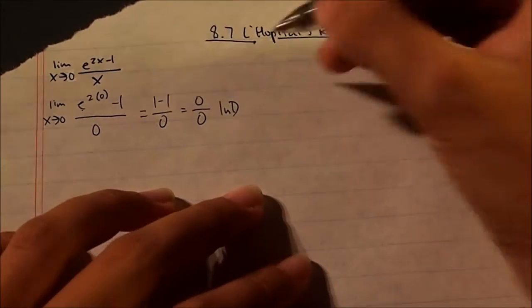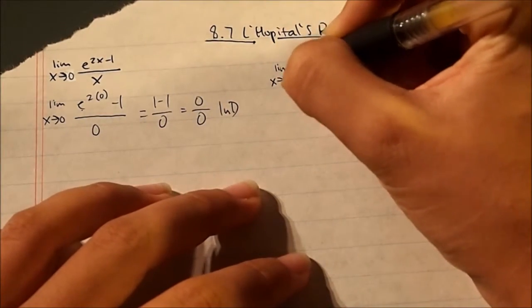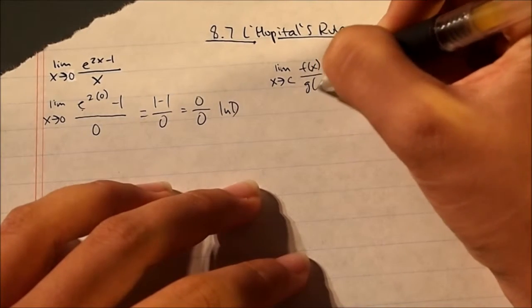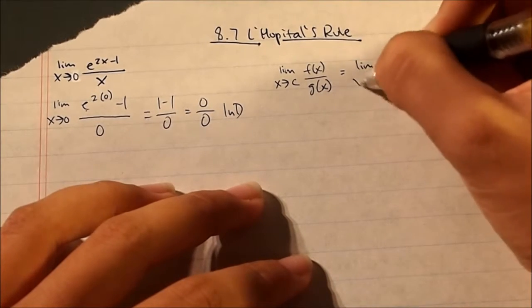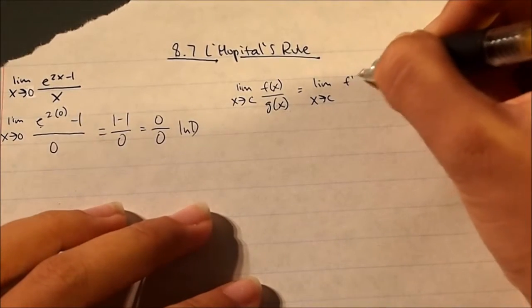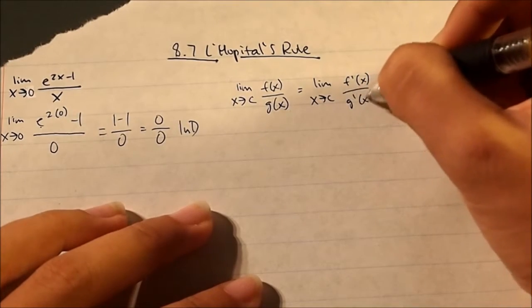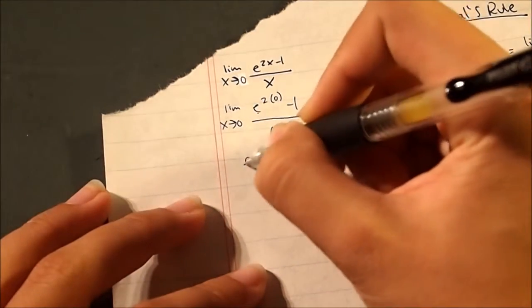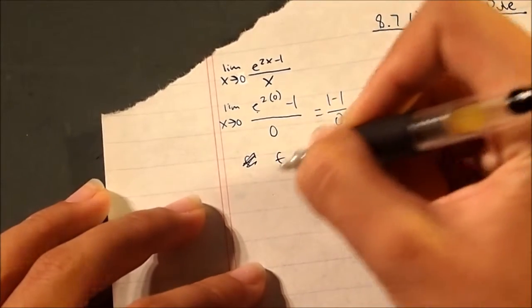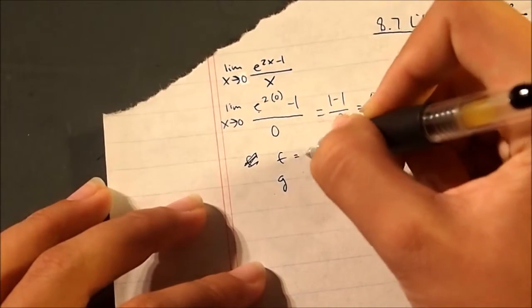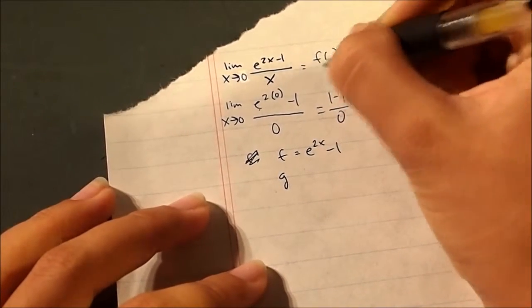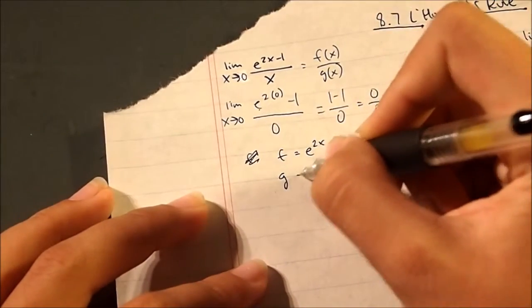So remember, L'Hopital's rule states that the limit as x approaches c of f of x over g of x is equal to the limit as x approaches c of f prime of x over g prime of x. So we need to find f prime and g prime. f is equal to e to the 2x minus 1, and that's the numerator. g is equal to x.